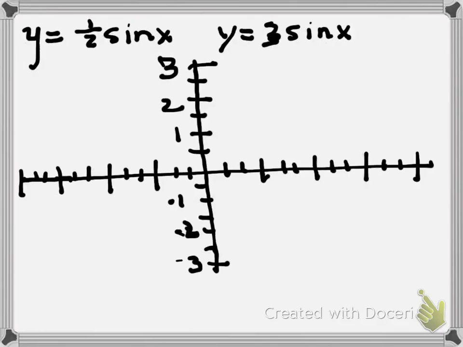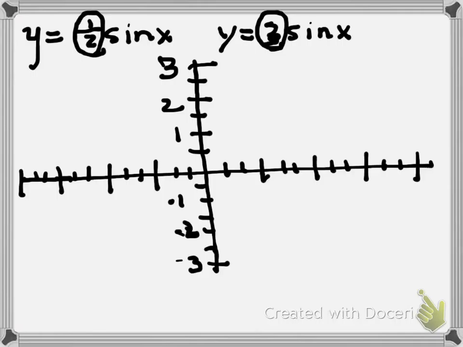Okay, now I want to change the amplitude of the graph, and that is the number in front of the sine or the cosine. And it just tells me instead of going to a height or a maximum value of 1, it's going to go to a maximum value of 1/2.